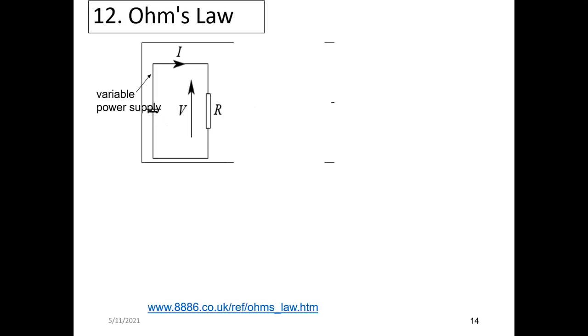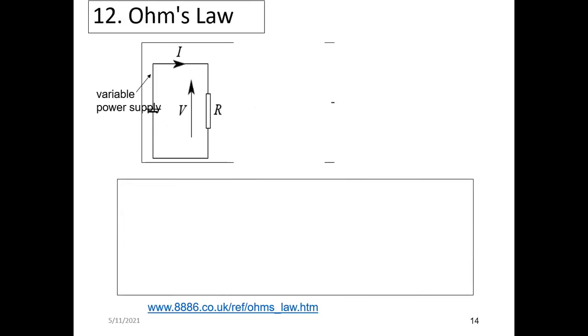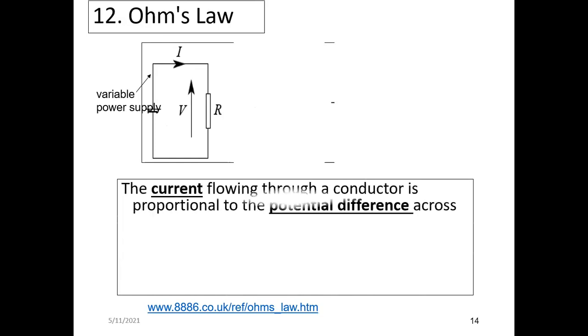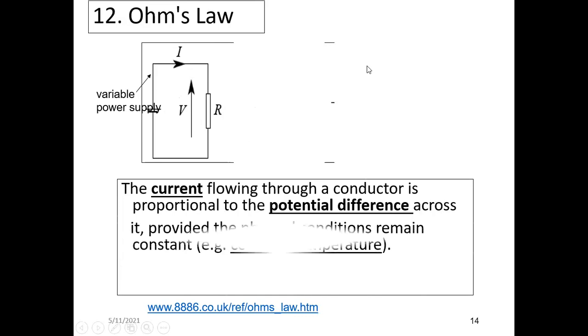Ohm's law. There's your SPM work. Let's review it. Current flowing through a conductor. There's your conductor, there's your supply. There's a current and there's a potential difference across the conductor. The current is proportional to the potential difference.